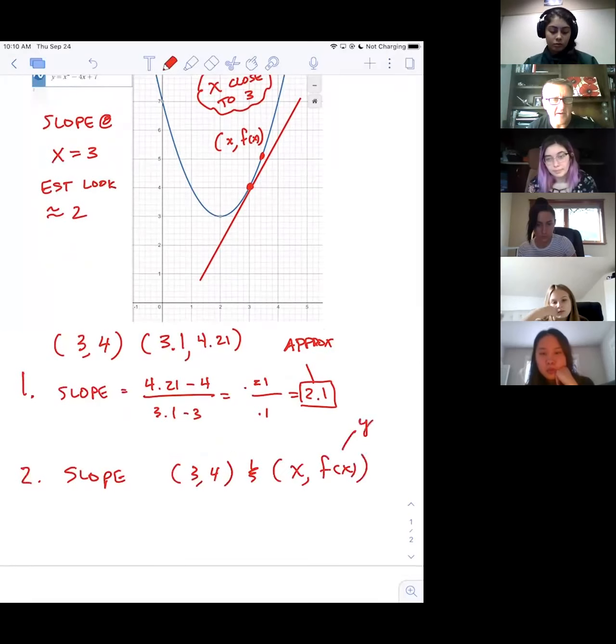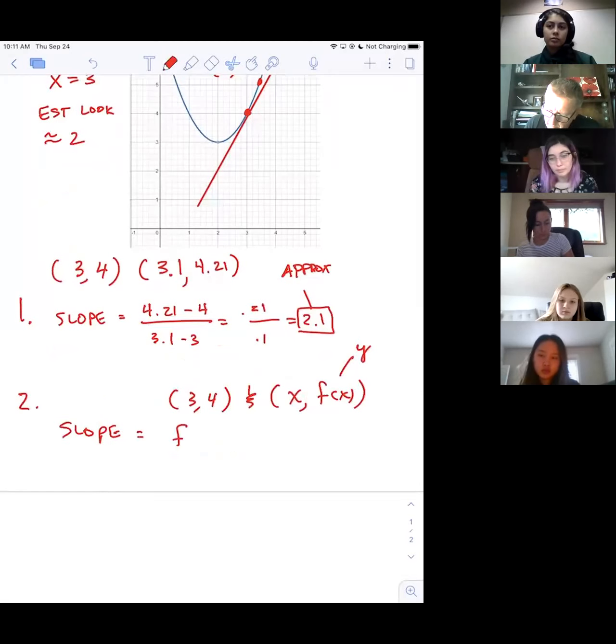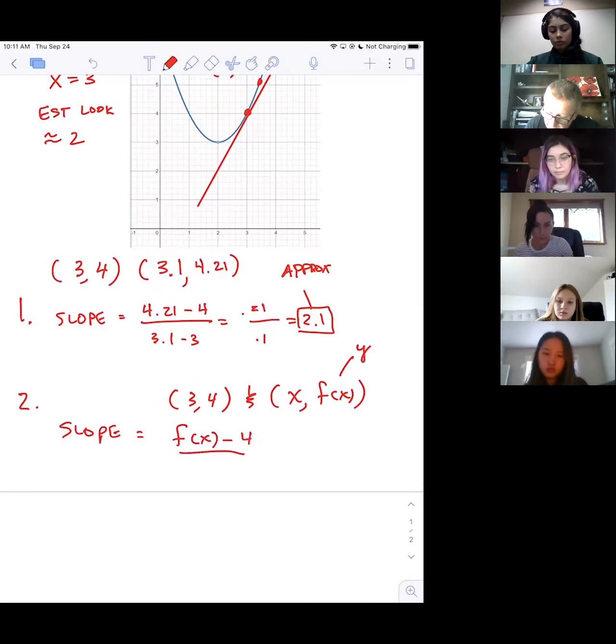There's no magic in saying f of x. Who cares? It's y. And so wouldn't the slope then be equal to, maybe I'll move that down since what I just did isn't the slope. Don't I go y minus y? That's what I just did, right? It was 4.21 minus 4 over x minus x. It's just that a second ago x was 3.1. I just haven't picked yet, right?